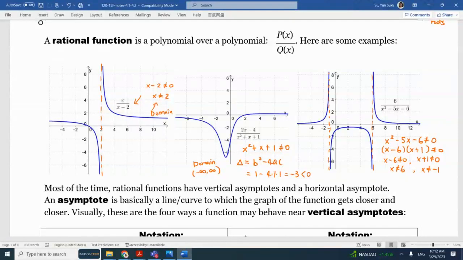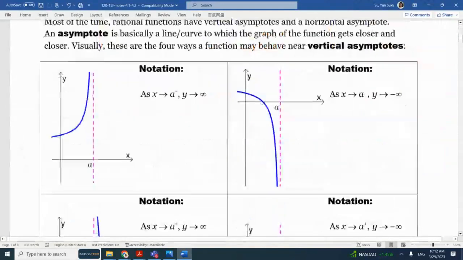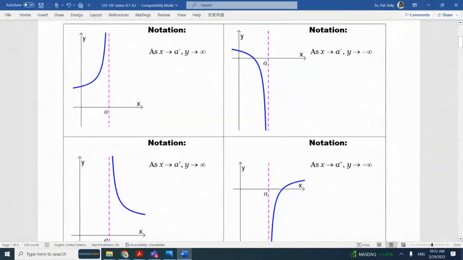Virtually, there are 4 ways a function may behave near vertical asymptotes. We have 4 directions. This is the asymptote, and this is A. Left means x is approaching A from the left.